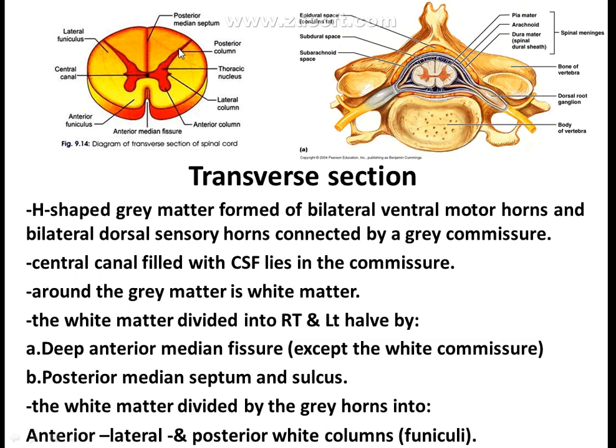And also the H-shaped gray matter shows right and left sensory horn or dorsal horns, because here the neurons are mostly concerned with sensation. The ventral motor or anterior motor horn and the dorsal or posterior sensory horn or column are connected by a middle tissue of gray matter, which is called the gray commissure.